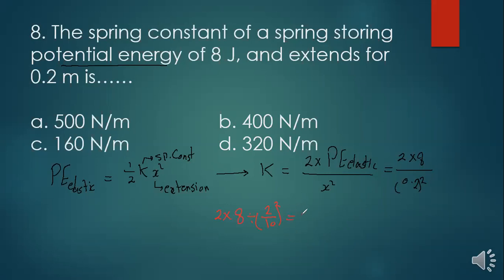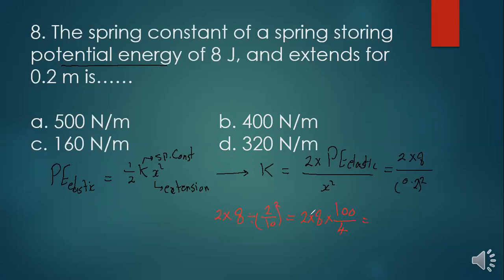So that would be 2 times 8 times 100 over 4. What I did now is I flipped the 2 over 10, I found the reciprocal square, so it becomes 100 over 4, and I changed the division symbol into multiplication, right?